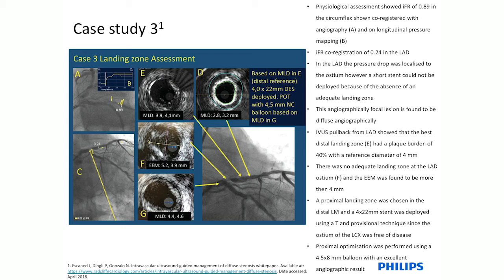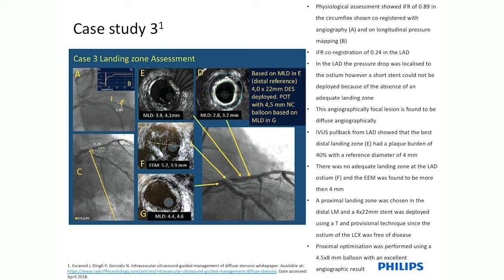So basically, this is a very good example of how, in some situations, a stenosis that looks relatively focal constitutes actually the tip of the iceberg of a much more diffuse disease that requires treatment with a much longer stent.